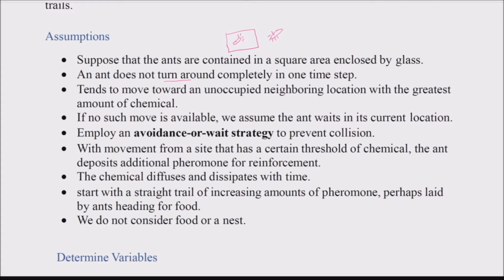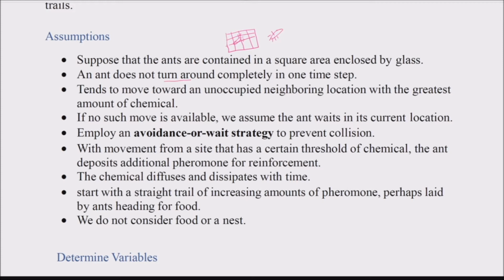Ants tend to move towards the unoccupied neighboring location with the greatest amount of chemical. We are going to grid this like this. These are the cells that identify the location of the ant.